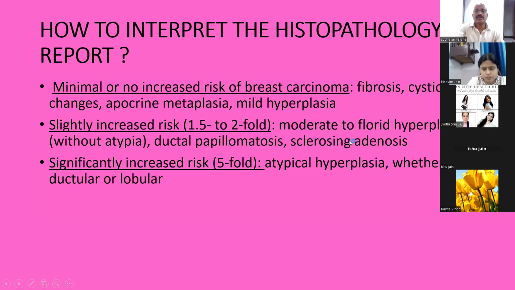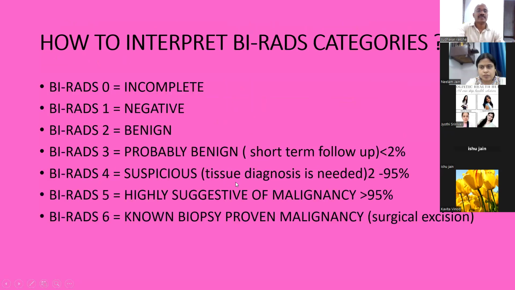But whenever there is a florid hyperplasia, papillomatosis or sclerosing adenosis, if this report is given, there is a slightly increased risk. Significant increased risk is atypical hyperplasia, a 5-fold increased risk of developing breast carcinoma.